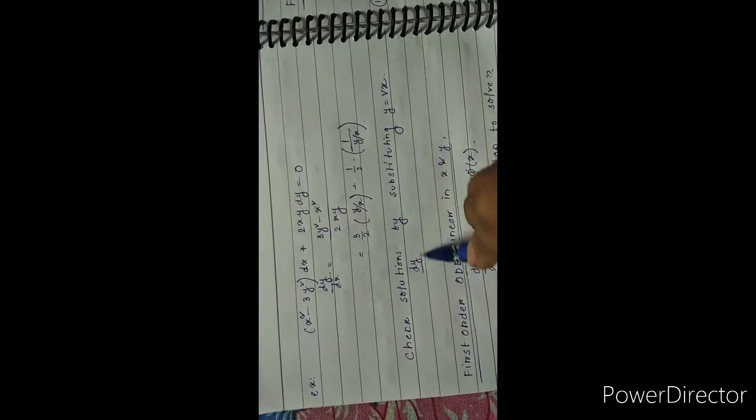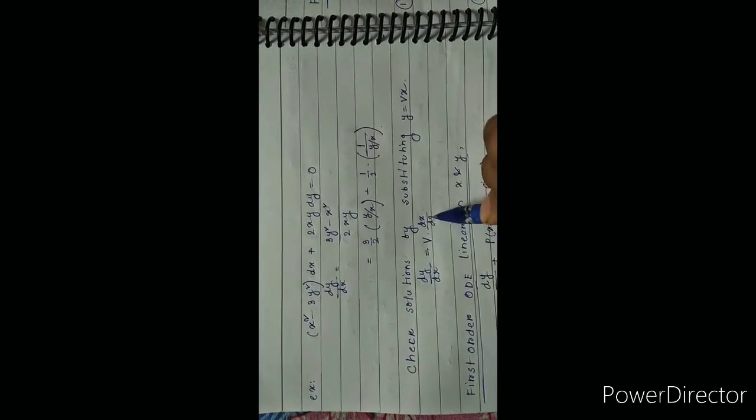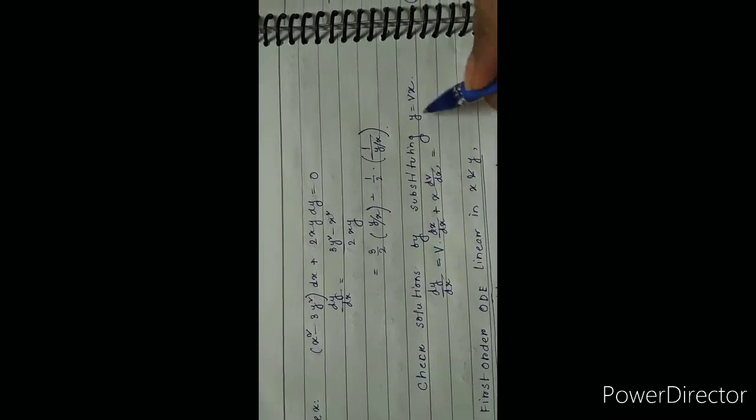So how to substitute? You have y equals vx. Now you know dy/dx equals v times d/dx of x plus x dv/dx, that is, it is v plus x dv/dx.